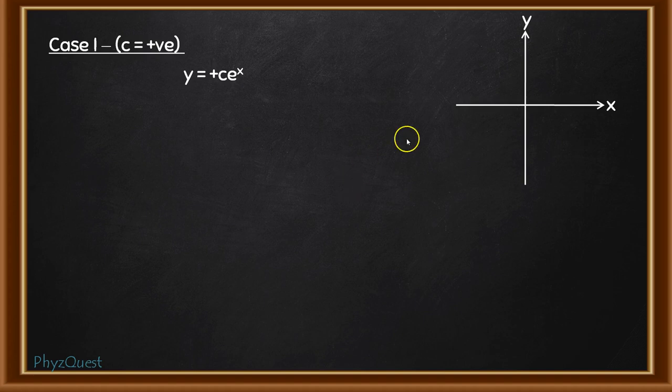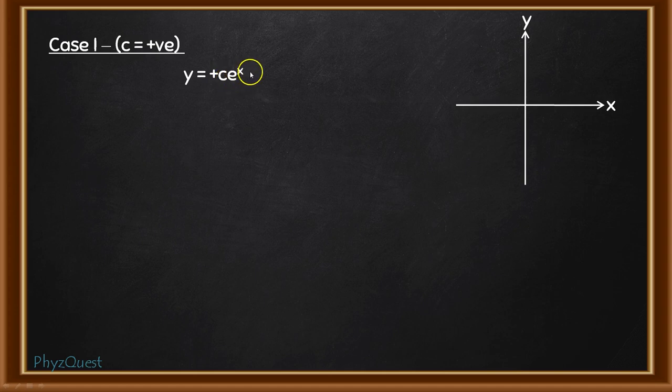Now when c is positive, the equation will become y is equal to plus c e to the power x. So let us plot this equation. Now here, as you can see, this is a grid we have drawn.